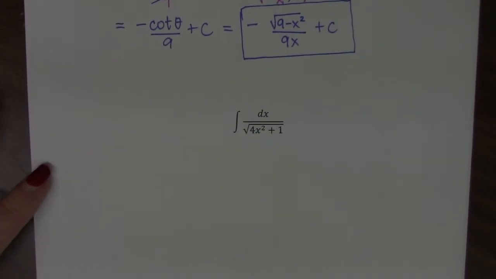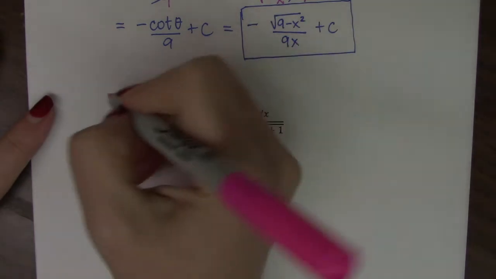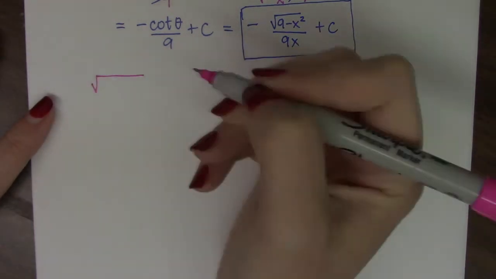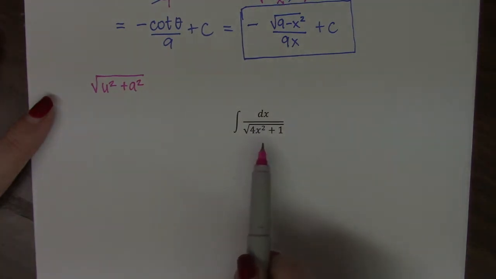All right, let's look at another one. The radical in this case is the plus case, and that's what happens when you solve for the hypotenuse of a right triangle. So this is of the form u squared plus a squared. Remember, a is always the constant, not the expression.